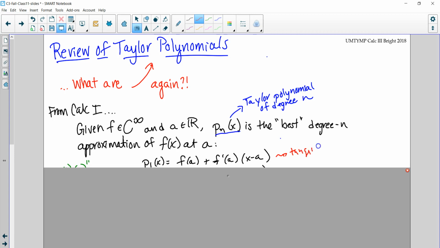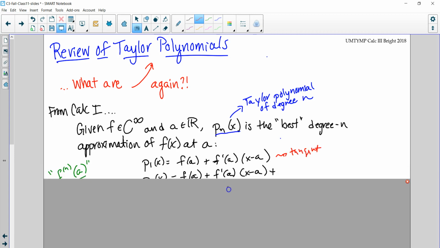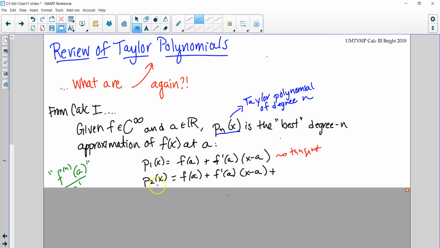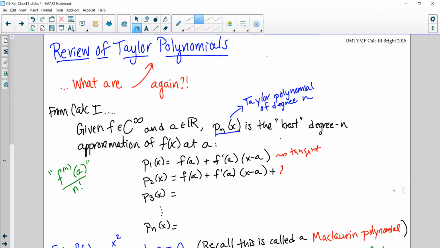And then we can continue going on, and for p2 of x, we have f of a plus f prime of a times x minus a, and then we're also going to introduce a factor of 1/2, times the second derivative evaluated at a, times x minus a quantity squared.